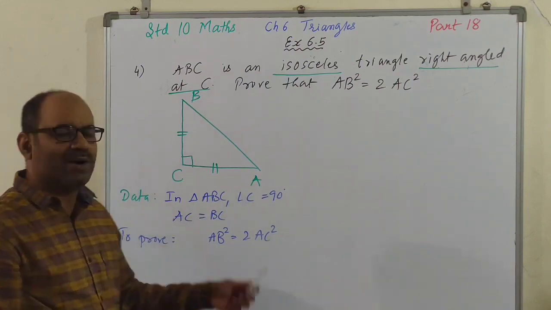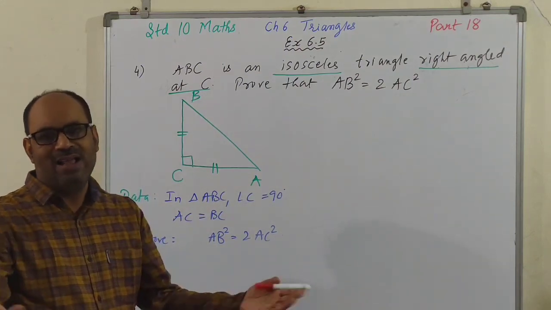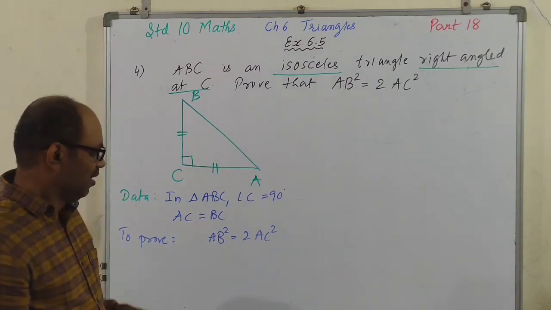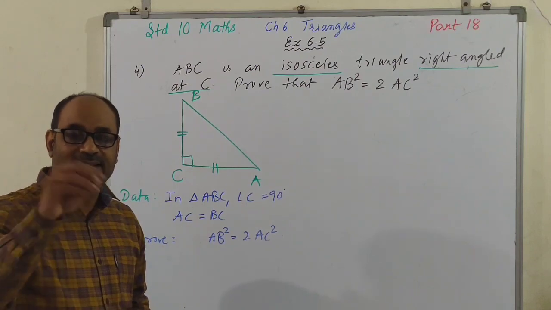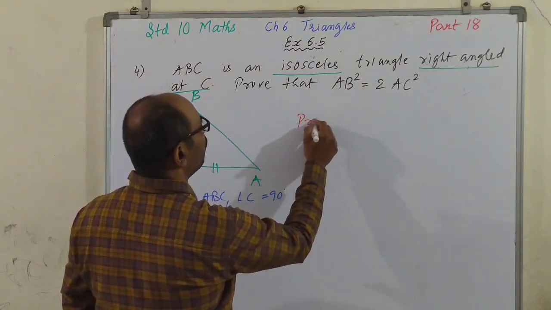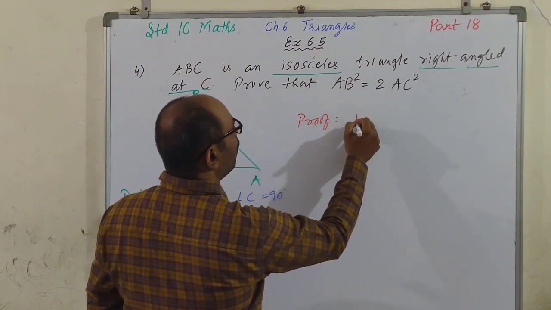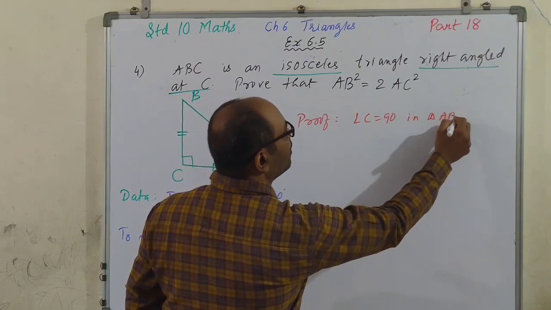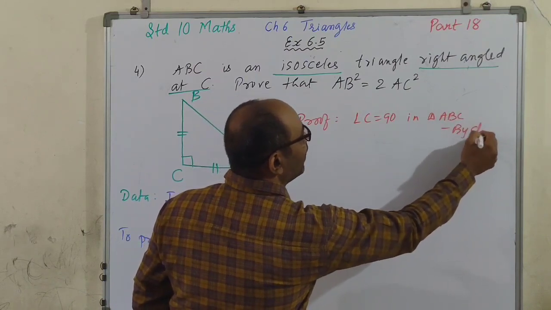So how will you get squares? Well, you can use theorem 6.7, that is Pythagoras theorem, correct? Sure. Proof. Angle C is equal to 90 in triangle ABC by data.